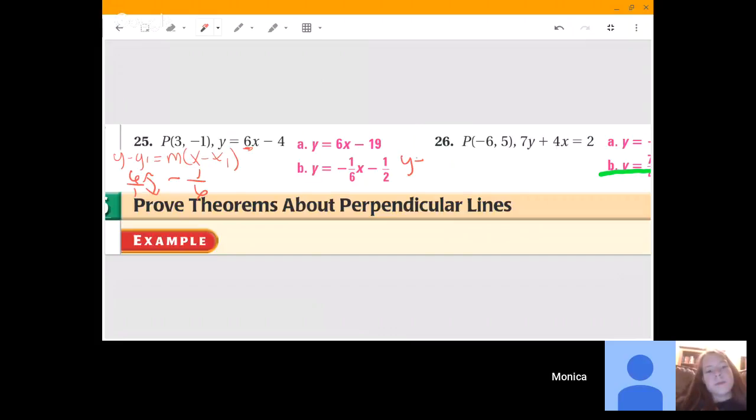Y minus a minus 1, so y plus 1, equals negative 1/6 times x minus 3. Okay, now I'm going to multiply that in, so that's going to be negative 1/6 x, and negative 1/6 times negative 3, your 6 and your 3 will go to 1 and 2, so it will be a positive 1/2.